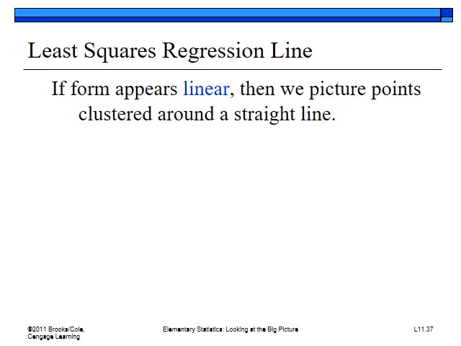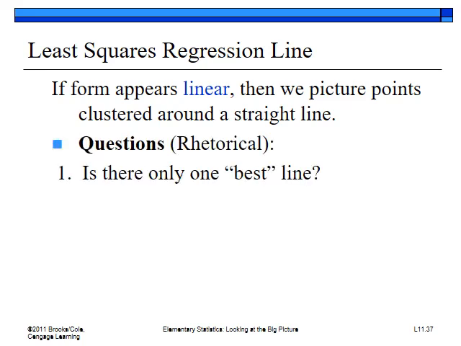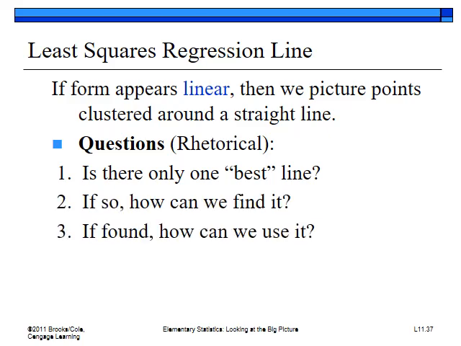Now, we've been talking about how when we're looking at scatter plots, we say they have a strong linear relationship if the points all tend to be clustered around some line. So here are some questions to ponder. When we say that the points cluster around a line, is there some line that's in some way better than all the other ones? If so, how can we find it?